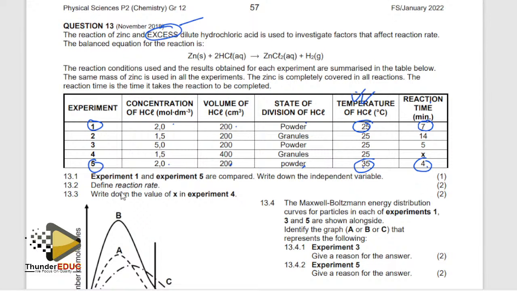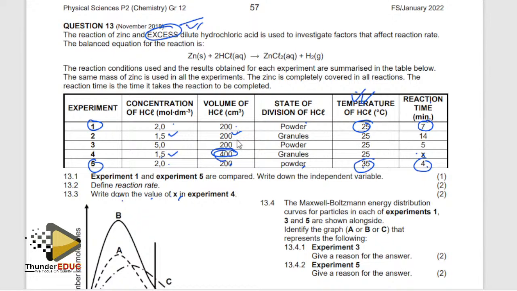Define the rate of reaction. We talked about it. Then write down the value of x. What is the value of x here? Let's see here. This one is the same, this one and this. This one is different, but they said this is in excess.